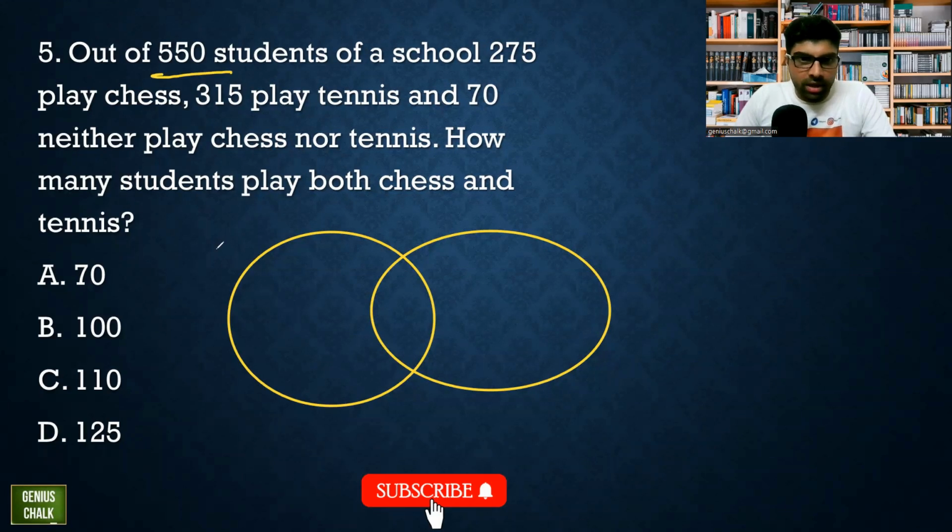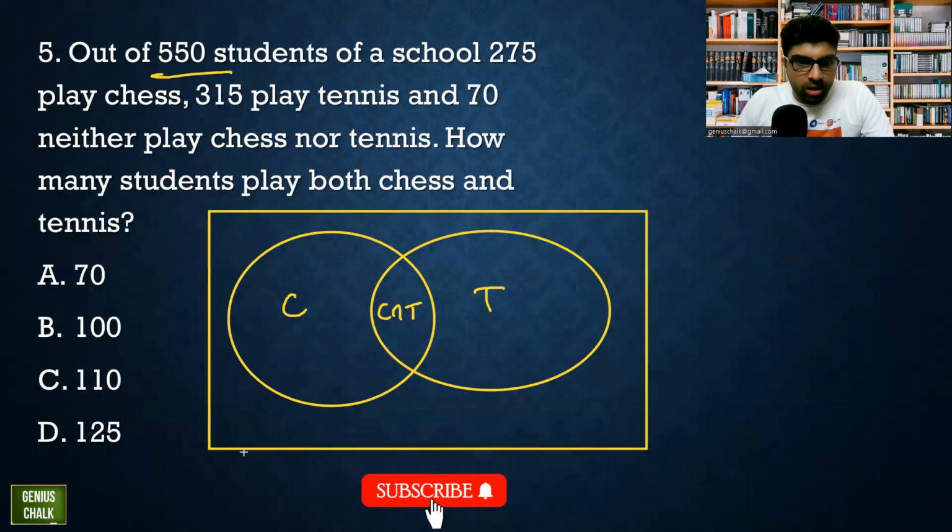This is for chess, this is for tennis, and this is for both, chess intersection tennis. Now see, out of a total 550 students, this total box is 550, right? Okay, fine.